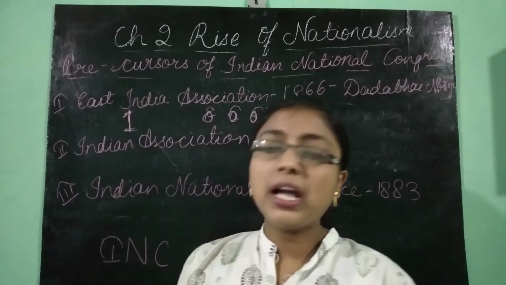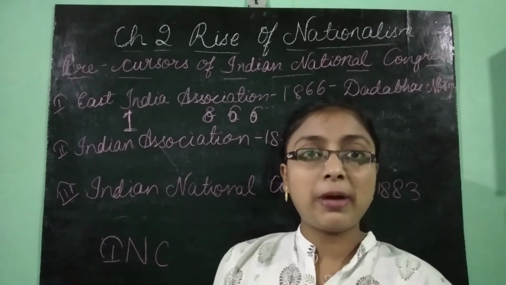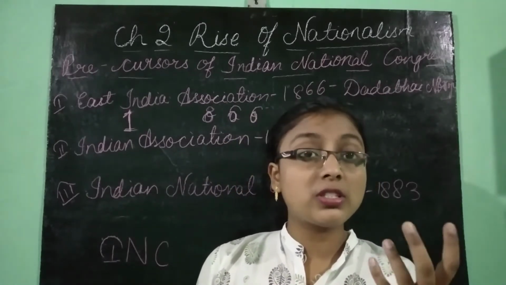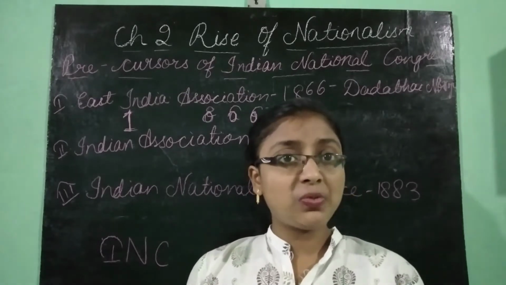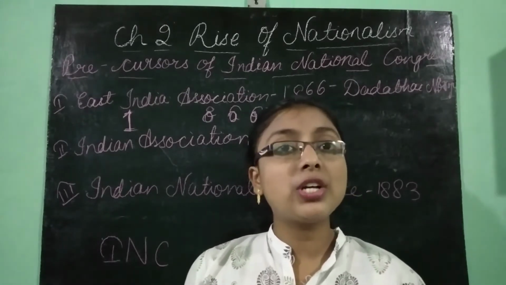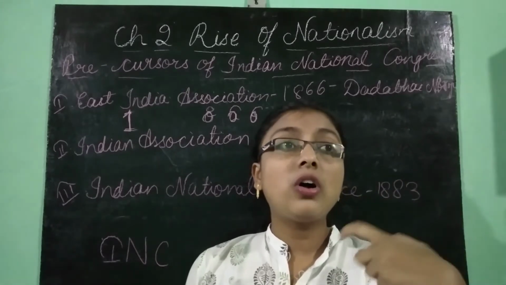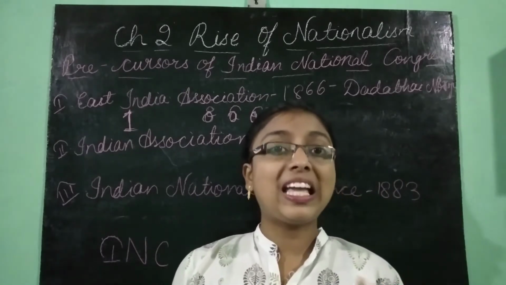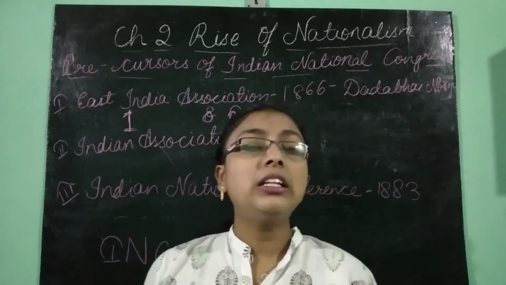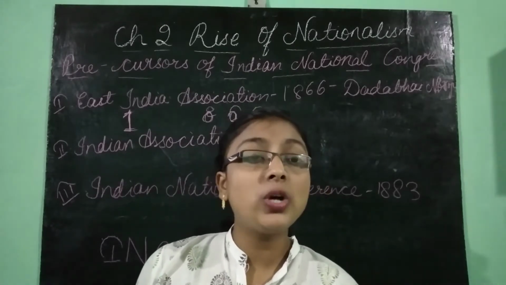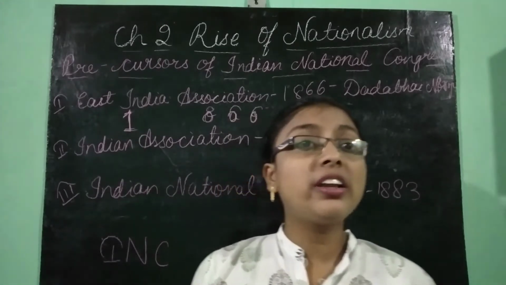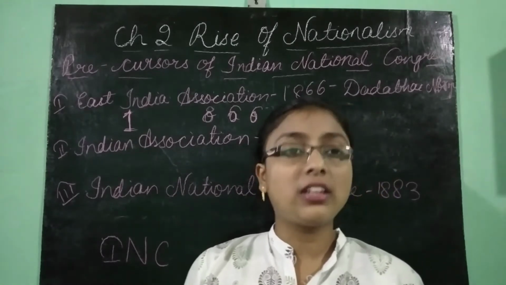According to Dadabhai Naoroji, it was his view that the British were basically just and good. It means that they were able to do justice and they were good, but they were not able to understand the actual problem, the actual grievance in India and act accordingly.